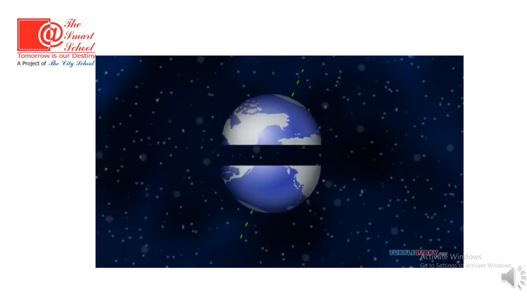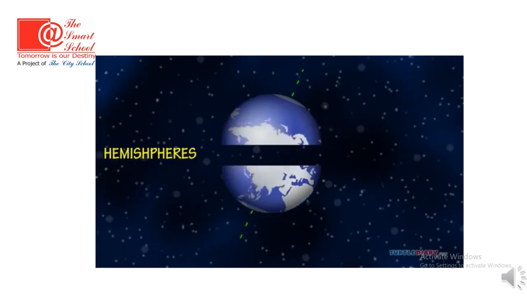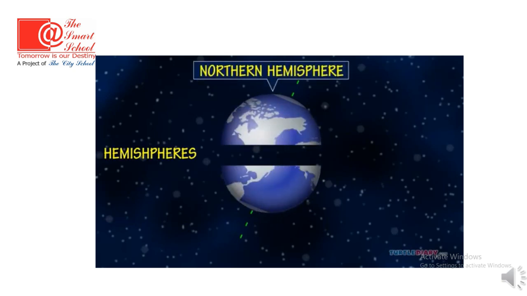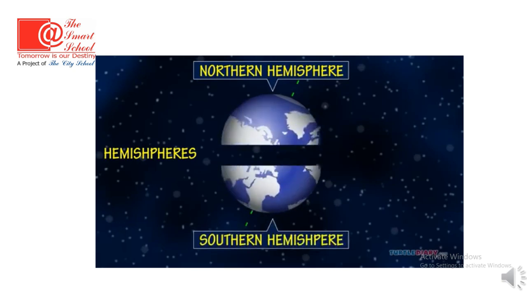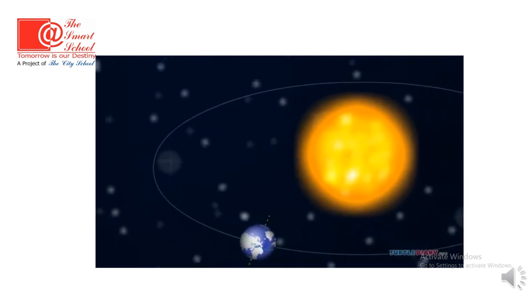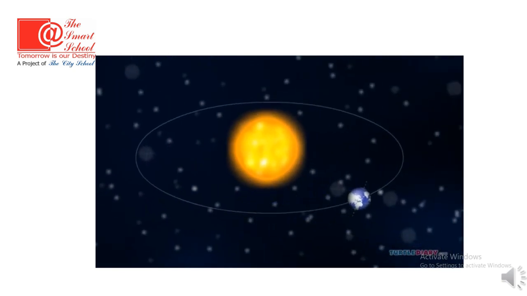These are called hemispheres. The top of the Earth is called the northern hemisphere. The lower half is called the southern hemisphere. Sometimes the northern hemisphere is tilted toward the sun, and sometimes it is tilted away from the sun.